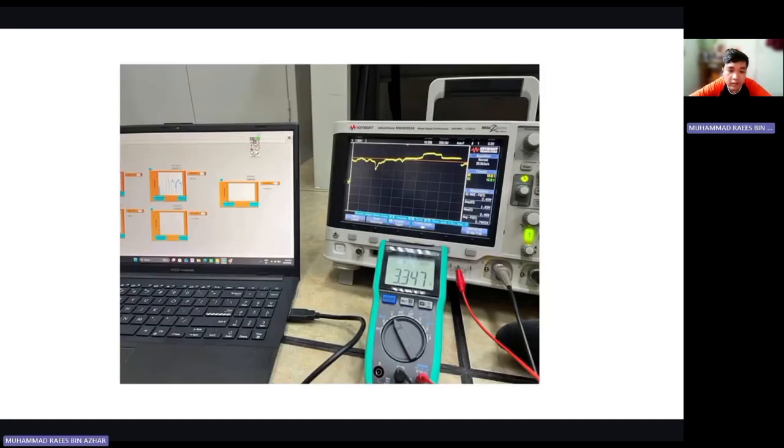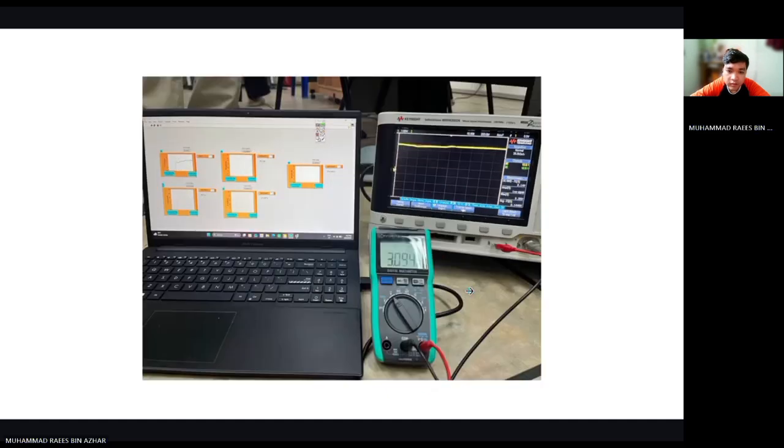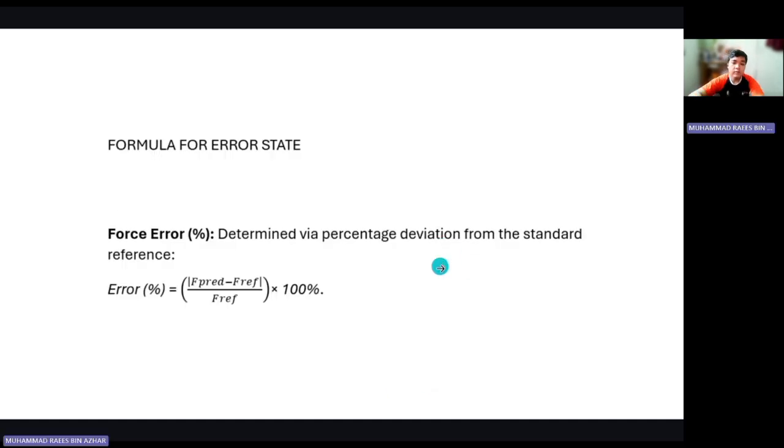So this is the reading that we got from the calibration process in the oscilloscope, multimeter, and LabVIEW. The same goes for this one. Okay, so now we're going to discuss the error. Why do we need the error?